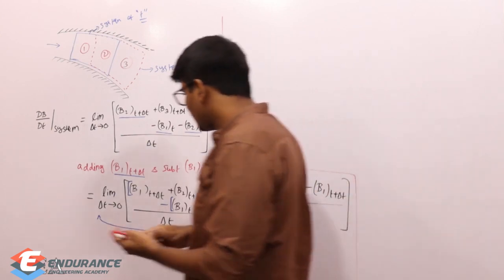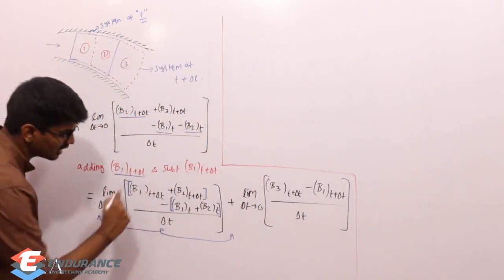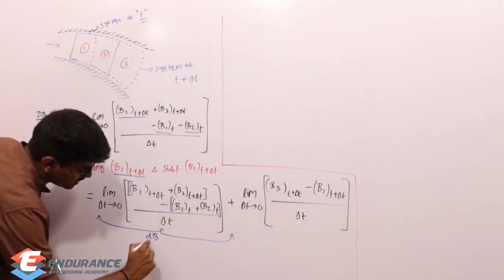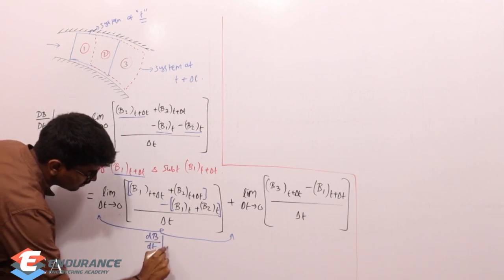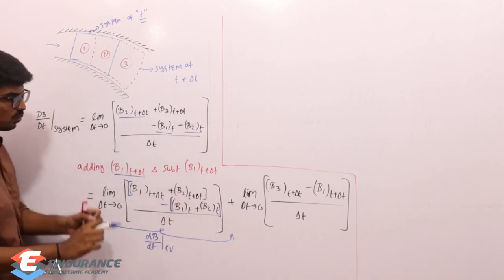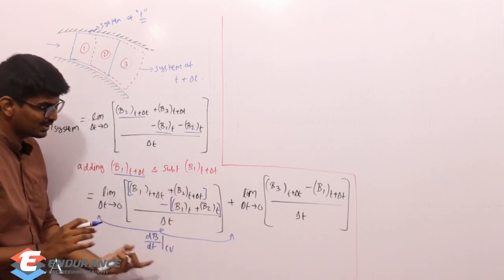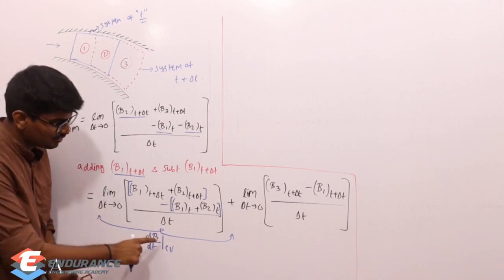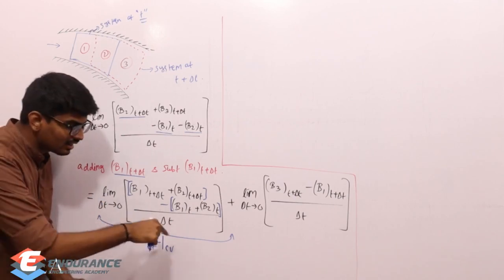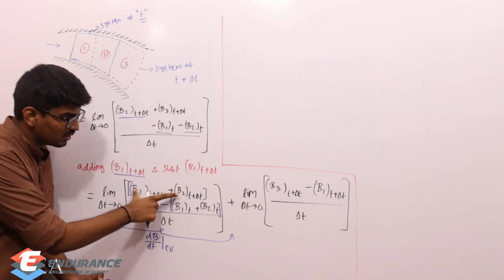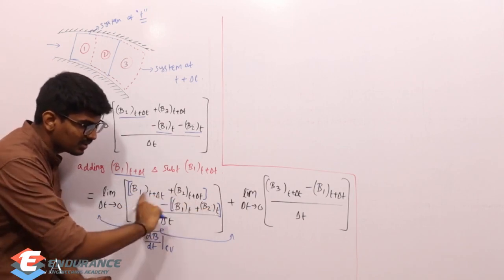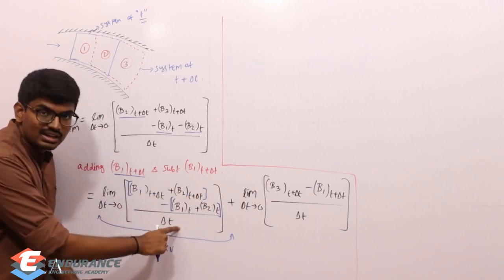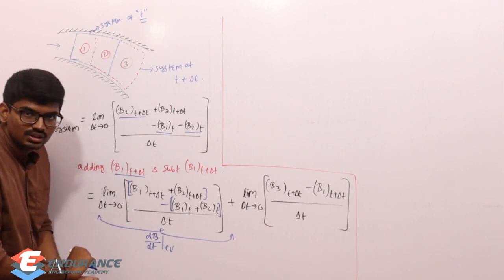So this is indicating dB by dt of the control volume, the rate of change of the property B in the control volume. Why am I taking it in the control volume? Because this is the control volume condition, this is the control volume condition, the difference of that by delta t, applying limit delta t tending to 0.